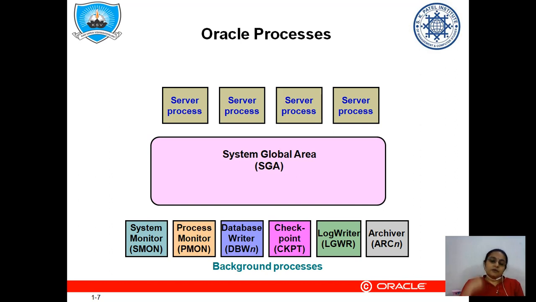So whenever the user executes any insert, update or delete, this process is going to write in that particular memory area, as well as perform reading and writing operations from the database storage device where the actual data is stored. So DBWn is responsible for reading and writing of the data to the storage as well as to the memory.